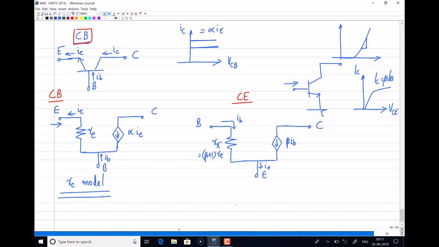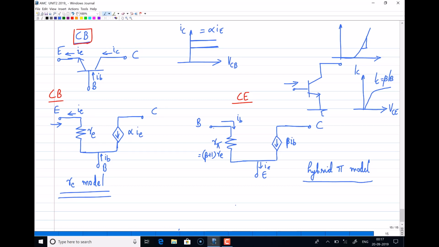So we call this model the RE model, and the model which uses the resistance looking into base, we call the Hybrid pi model. So this is known as the RE model, and the other one is the Hybrid pi model.